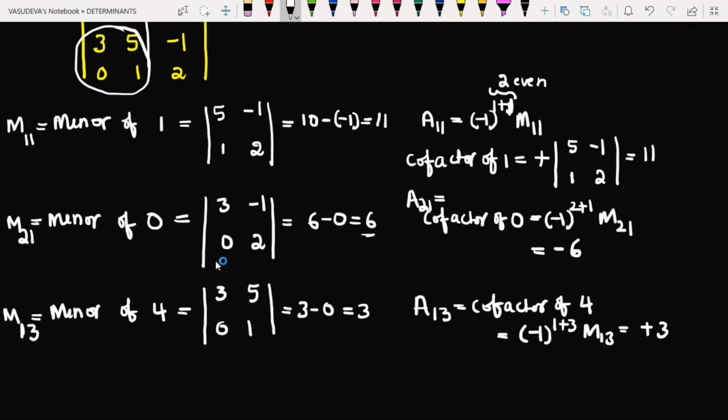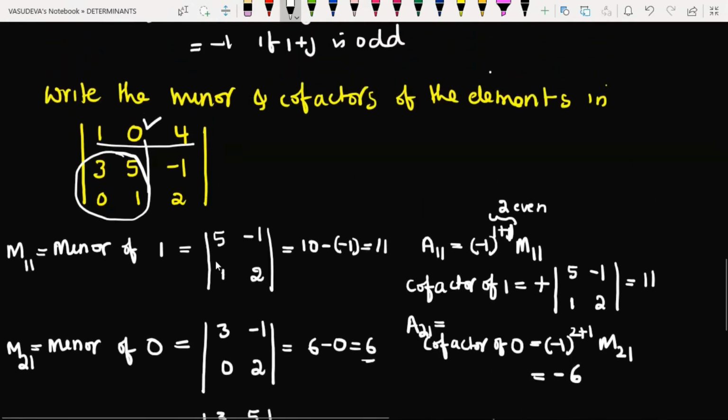Now let's take M21. So M21, the element lies in the second row and the first column.